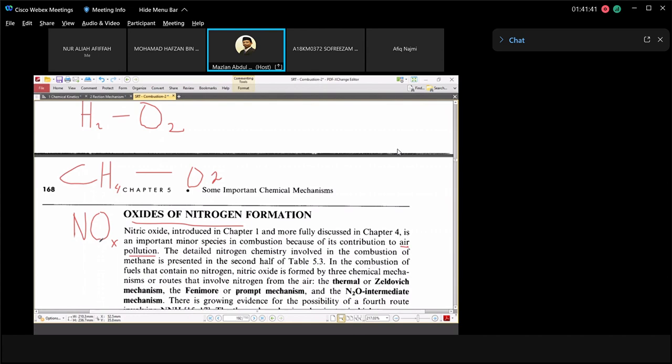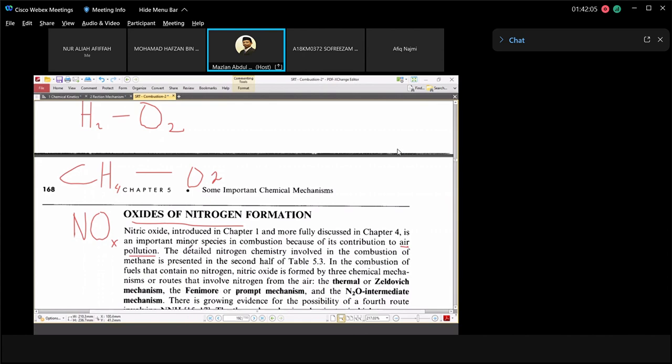Okay, 21% is oxygen, 79% is nitrogen, N2. Therefore, because of the abundance of nitrogen in the reaction, supposedly this nitrogen does not get involved in the chemical reaction. Ideally. But in the real world, it will always react.